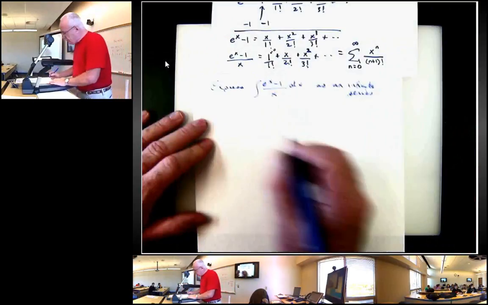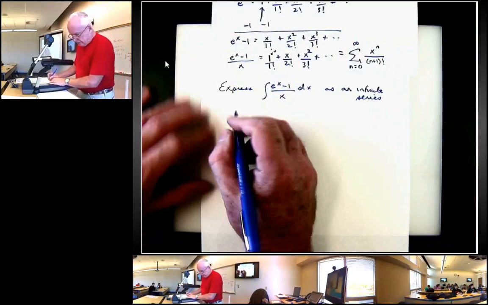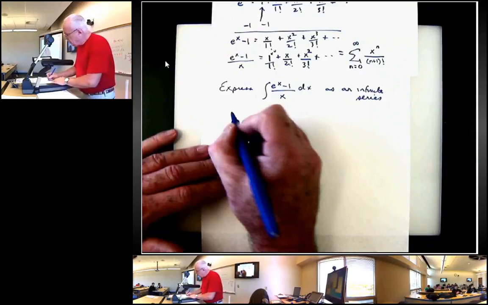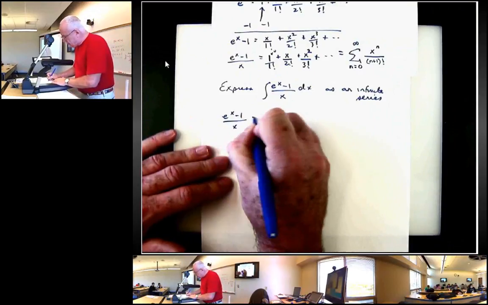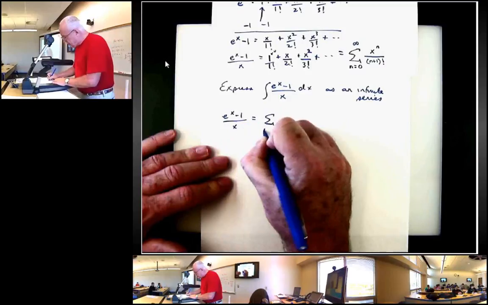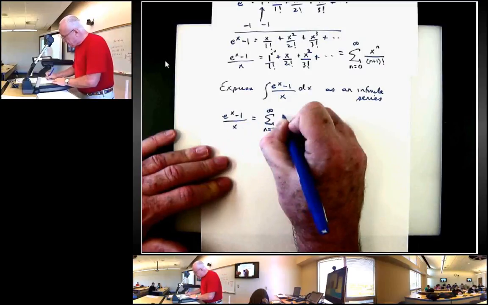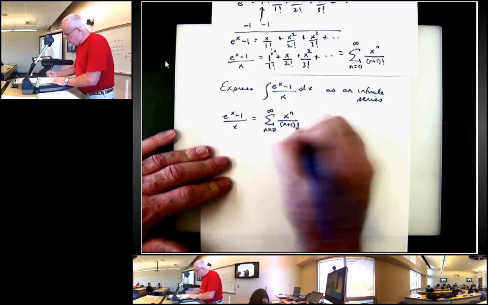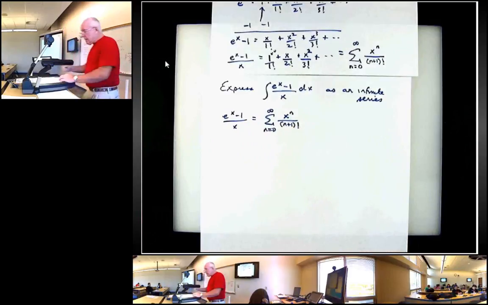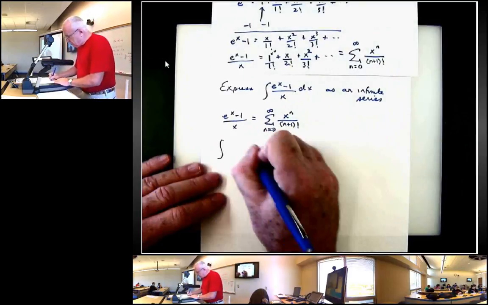So basically, we have this. We found out that e to the x minus 1 over x is equal to this summation, n equals 0 to infinity, x to the n over n plus 1 factorial. Now we're wanting to do the antiderivative of this.